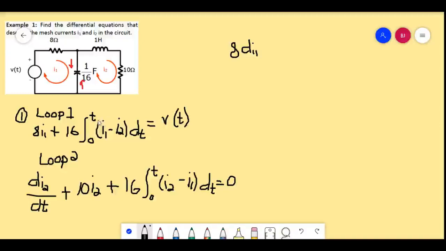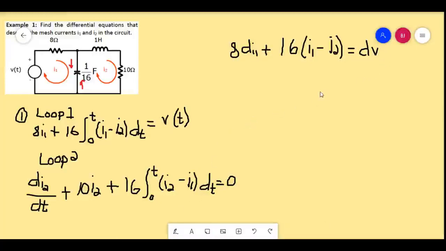Next, when we do a derivative of the second term, it would just cancel out the integral and dt. Plus, we'll now have 16 (I1 minus I2). And then finally, we differentiate our last term, so we get dV of t.